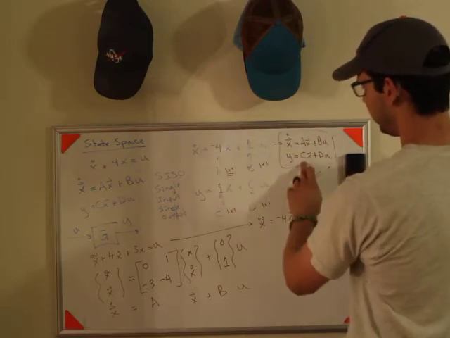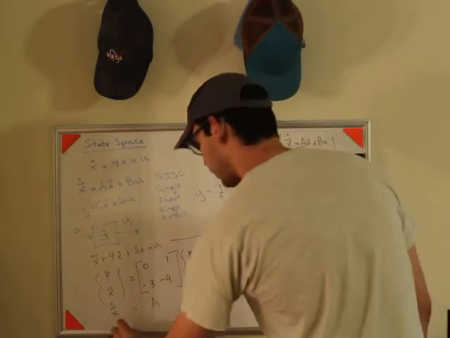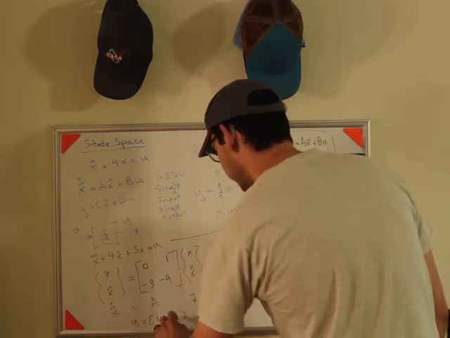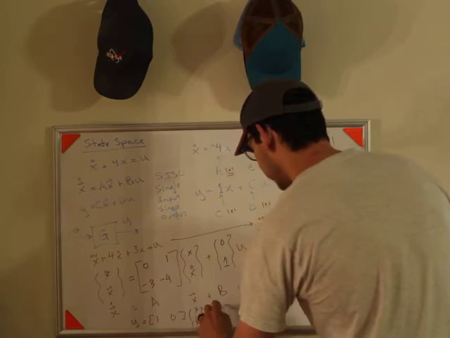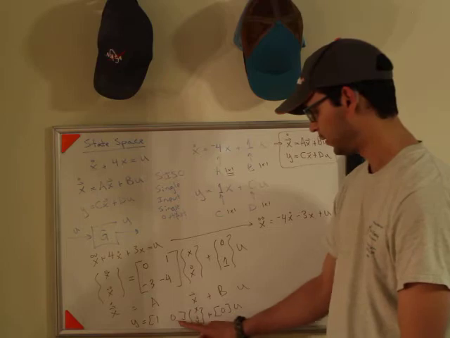Even though this is a scalar, the state space equations are the same. Over here, oh, and we forgot to write y. y needs to equal 1, 0, x dot plus 0, u. Because y equals 1 times x, 0 times x dot.